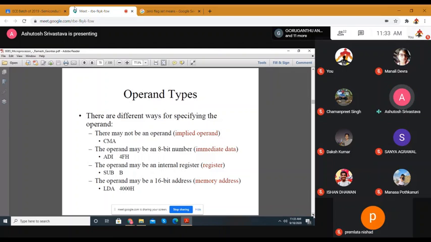Now we go to the next one, which is the different types of operands. So the first one is your implied operand. The second one is immediate data.